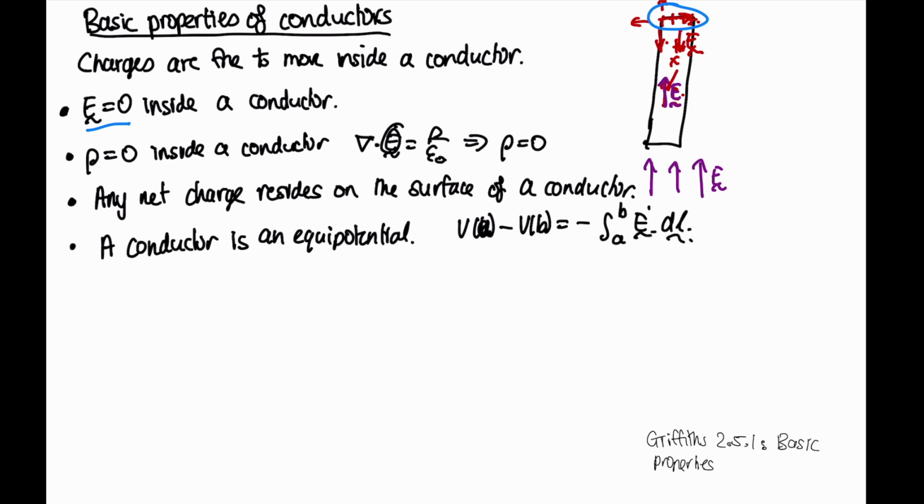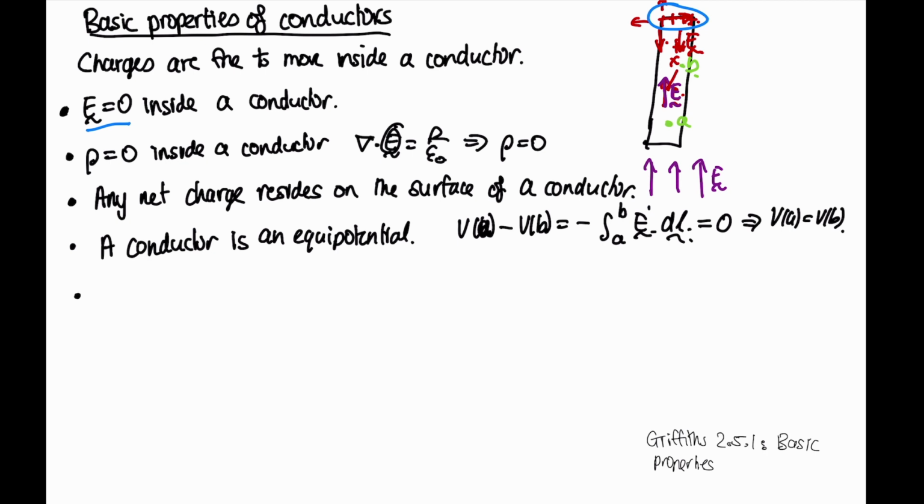And because E here is 0, this is equal to 0, which tells us that VA must be equal to VB. So, i.e. 2 points, A and B, inside the conductor, so say here A and B, they must be at the same potential because there is no electric field between those points.